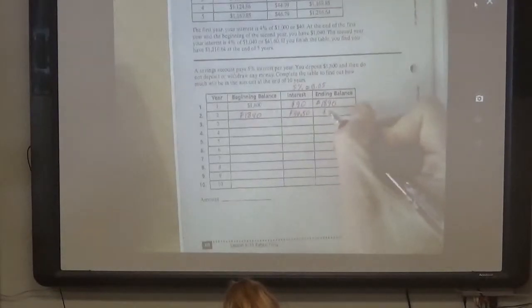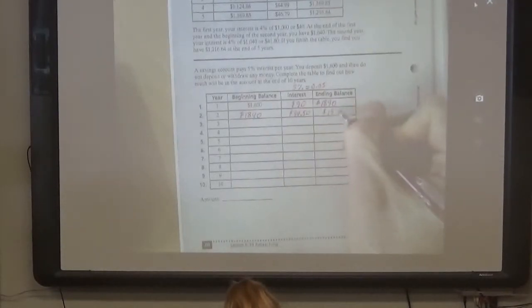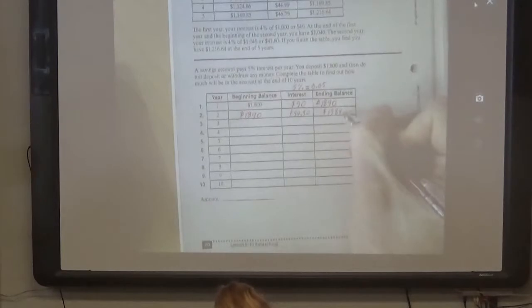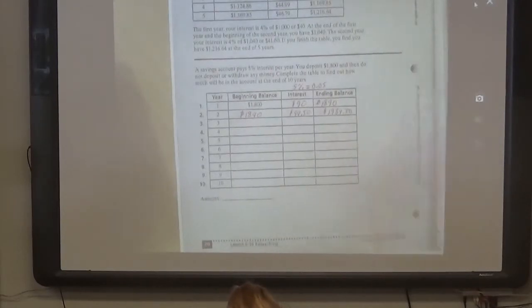The next balance is $1,984.50. So you keep repeating that process, and by the time you get down to 10 years, you can see how much money you have in your account. Okay?